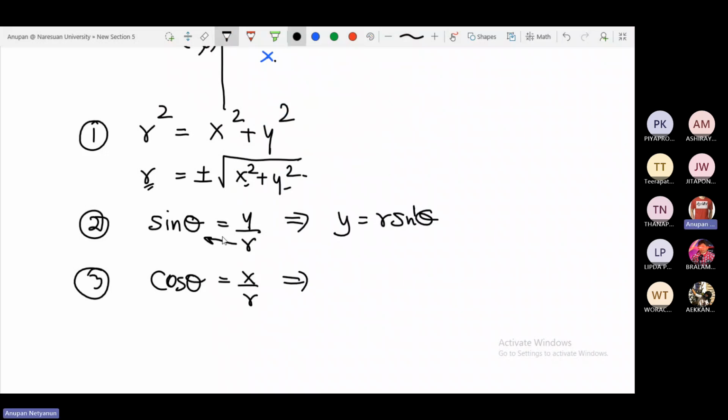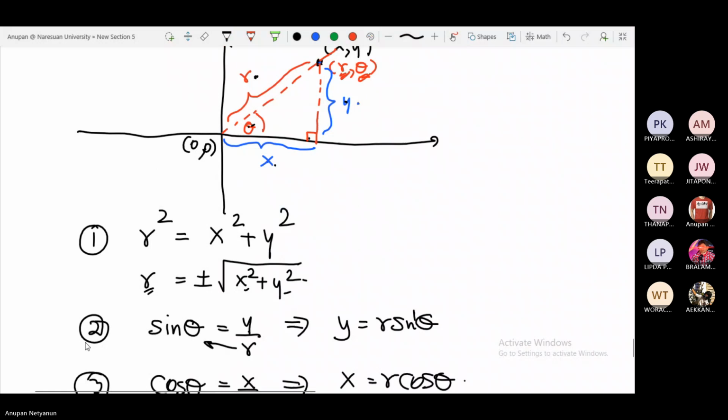And similarly, if you move r to this side, you have x equal to r cosine theta. Now, number 4: before, I related theta with y and theta with x one at a time, right?